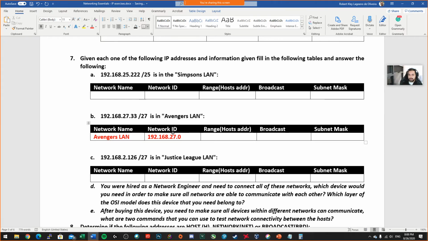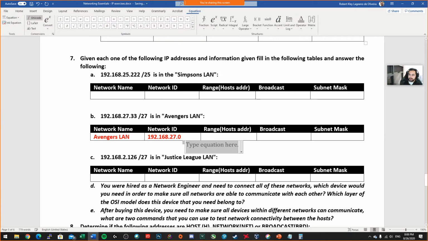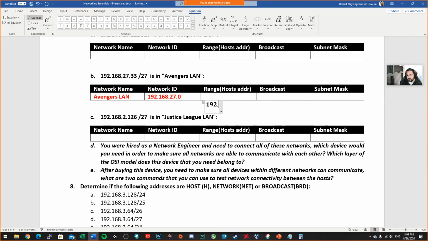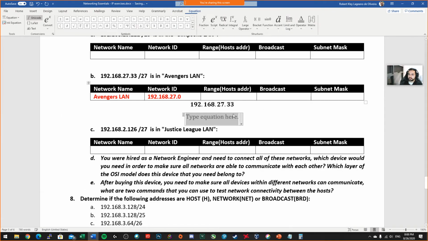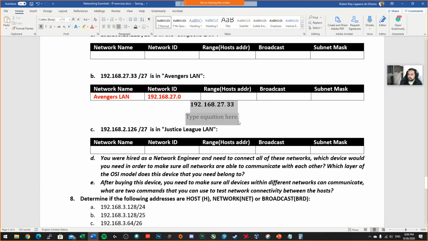Okay, guys, let's get to the calculation one more time. Hopefully you get it one day. How do you get to 224? How do you write down this number in binary? This number, the 33. How do you write it down in binary?